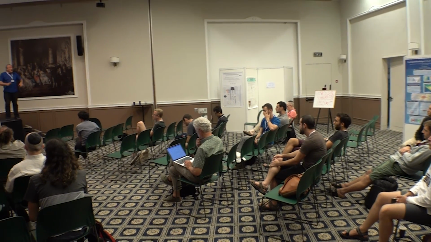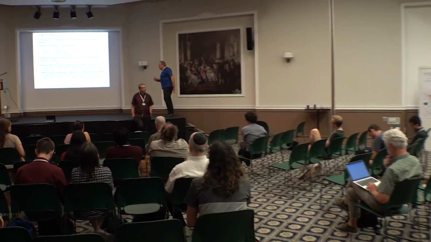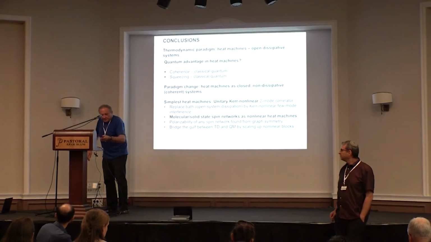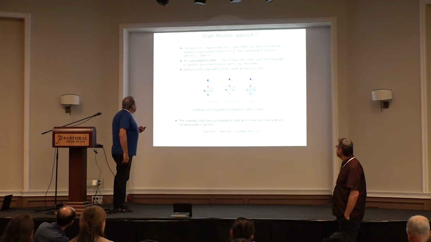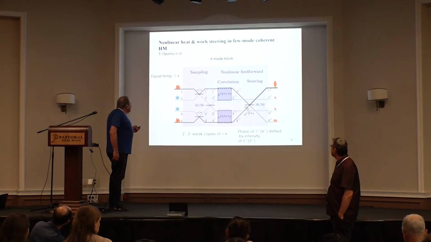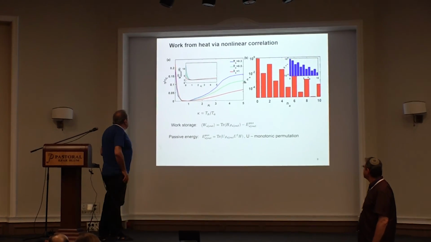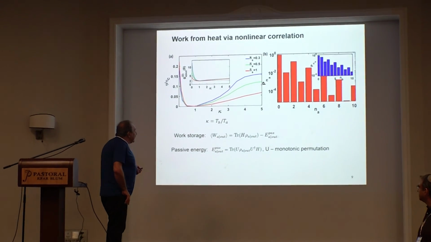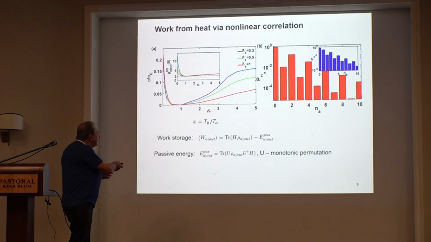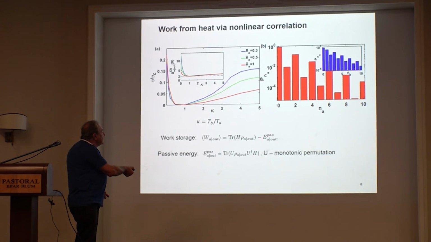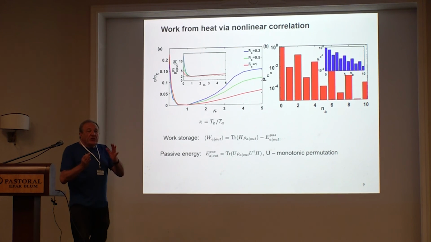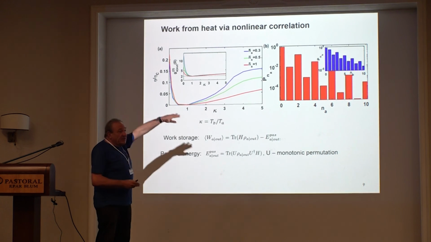Okay, well, we have the formal definition, and it's here. You see, work is the difference between the mean energy of your output and the passive energy. The passive energy is the energy associated with the monotonic distribution.